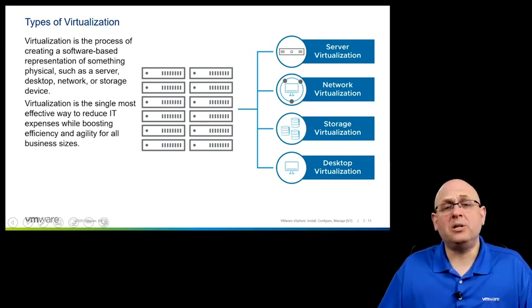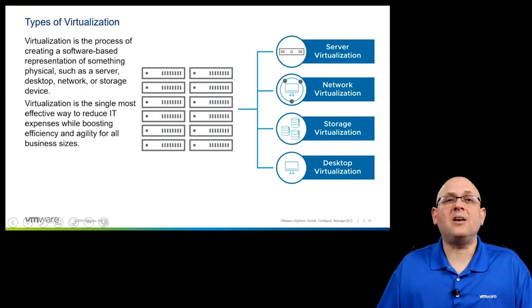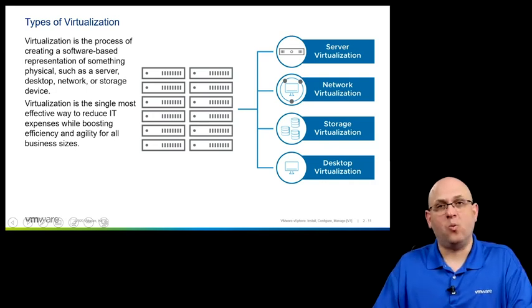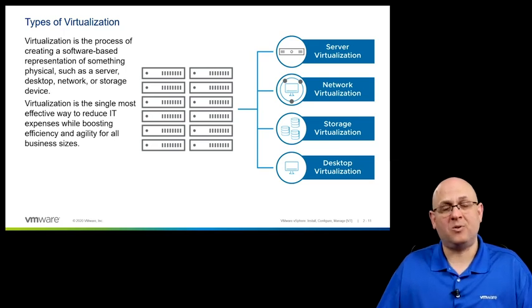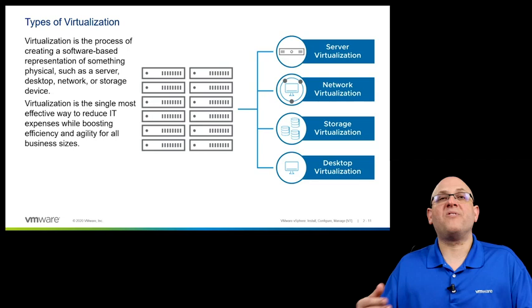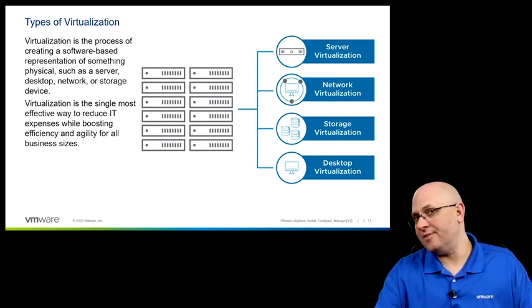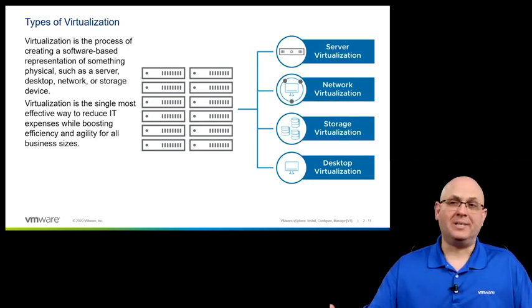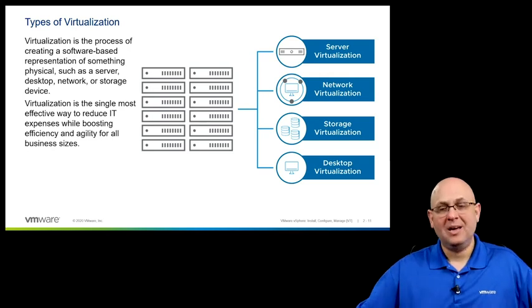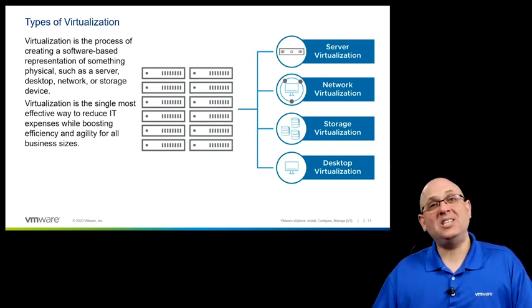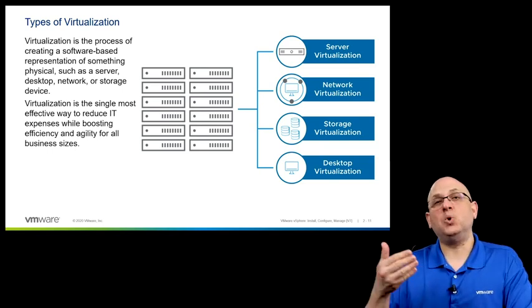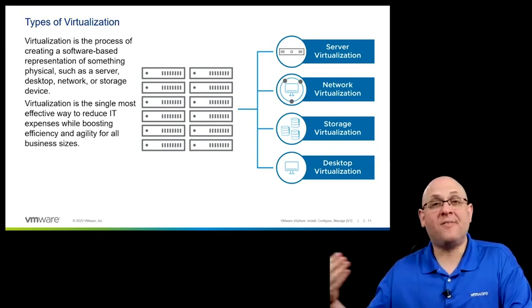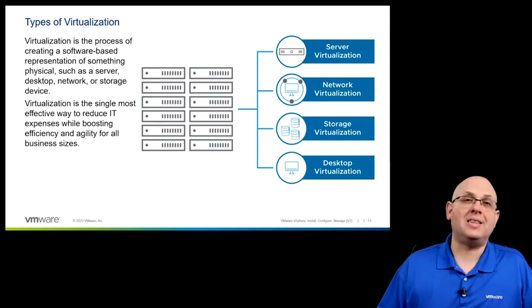Other types of virtualization include desktop virtualization, where instead of running server-based operating systems like Windows Server, okay, we're actually going to do desktop type virtualization like with Windows 10 or even with Linux, where instead of physical machines in front of users like laptops or desktops full of CPU and memory, we'll just give our users essentially a dumb client or a thin client that allows them to connect very nicely to a virtual machine running the applications that they need.